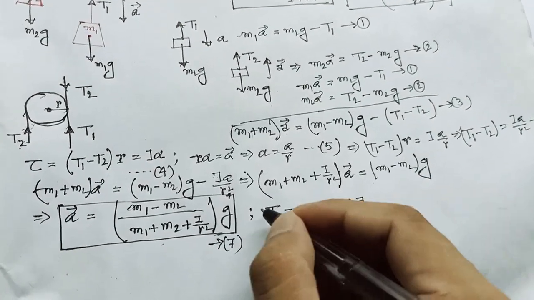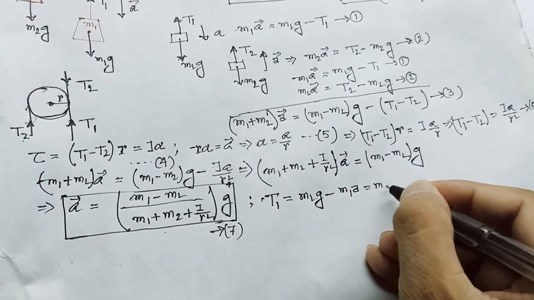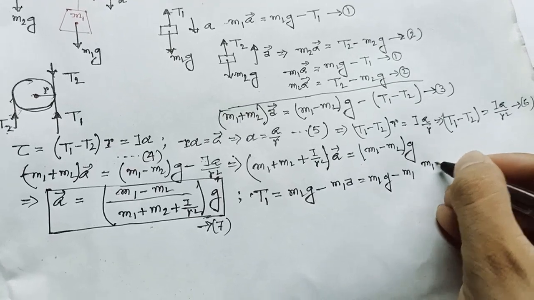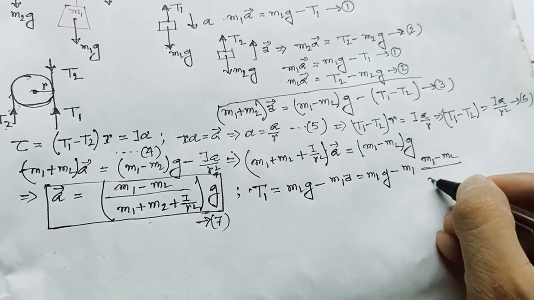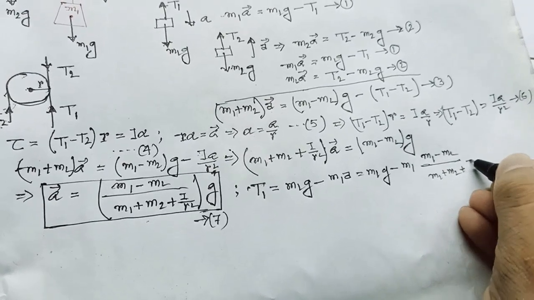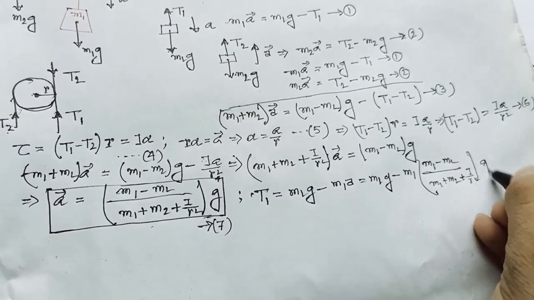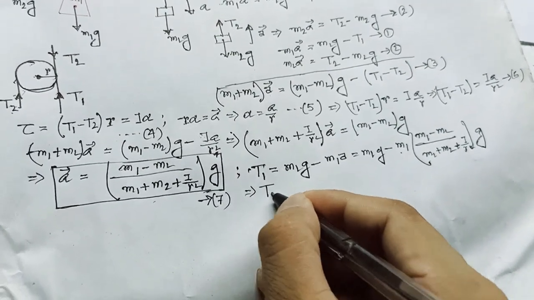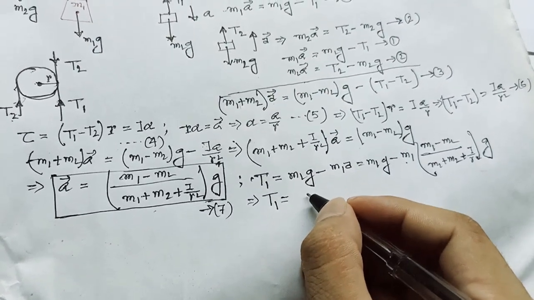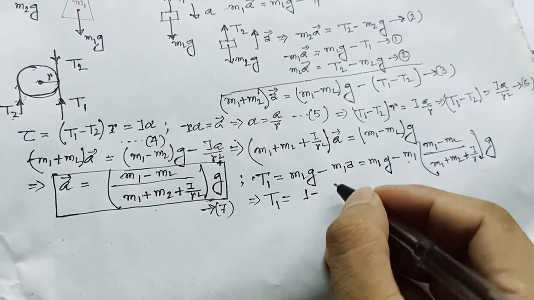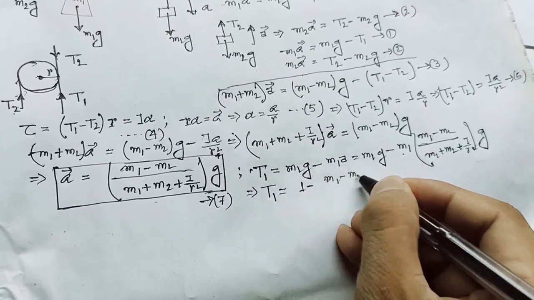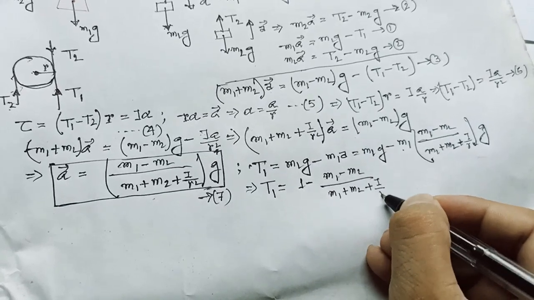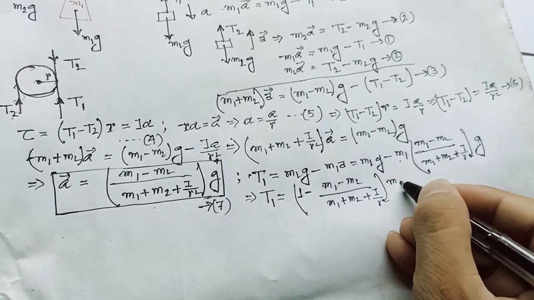So the tension T1 will be m1g minus m1 into m1 minus m2 divided by m1 plus m2 plus I divided by r square, into g. Now we can take m1g as a common term. After taking it common, T1 becomes 1 minus m1 minus m2 divided by m1 plus m2 plus I divided by r square, into m1g.